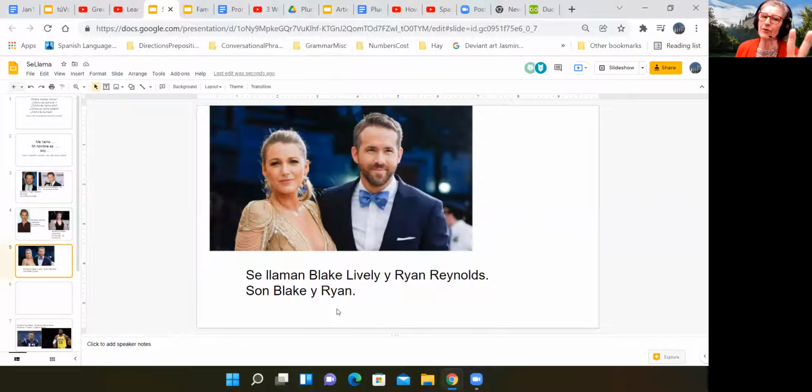If I talk about more than one person, instead of se llama, we'll put an n on the end of llama. It becomes se llaman, their names are. Se llaman Blake Lively y Ryan Reynolds.